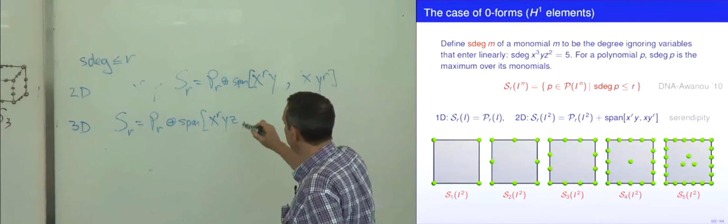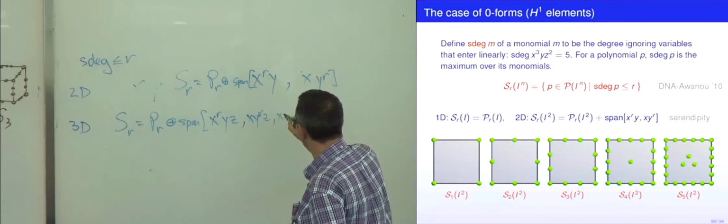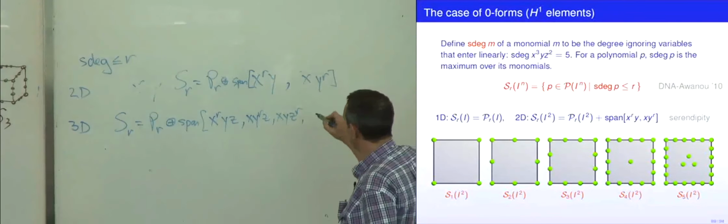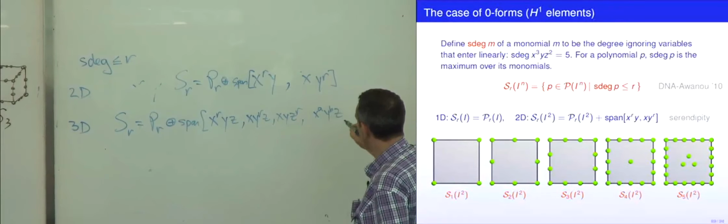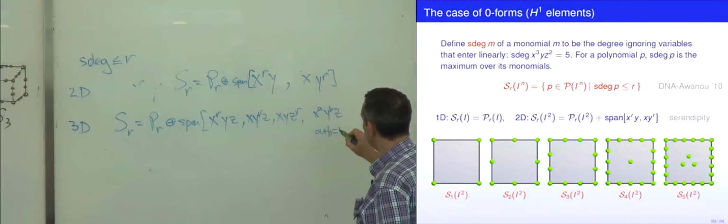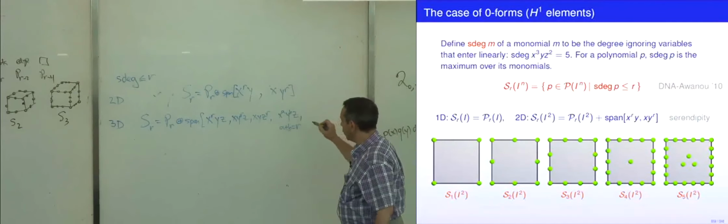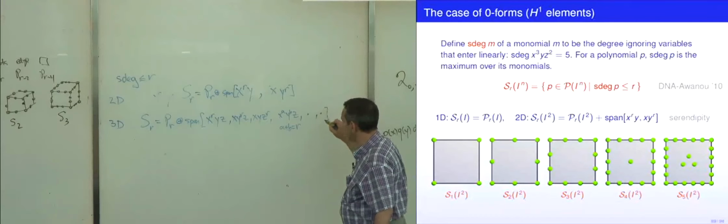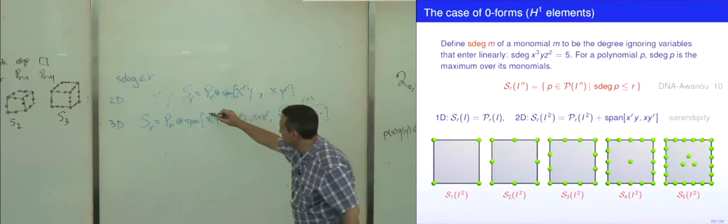And so this would be degree r, and there's three of those: x to the r y z, x y to the r z, and x y z to the r. But there's some more. There's any polynomial x to the a, y to the b, z, where a plus b is equal to r. There's similar things with y and z, and x as the special variables. So these ones are degree r plus 1, and these ones are degree r plus 2.